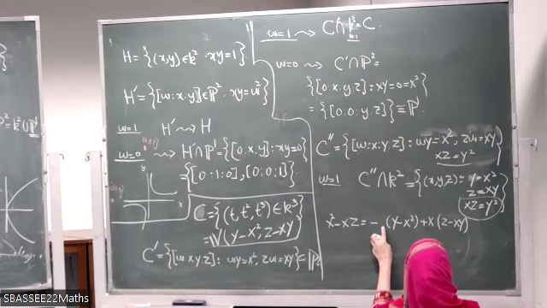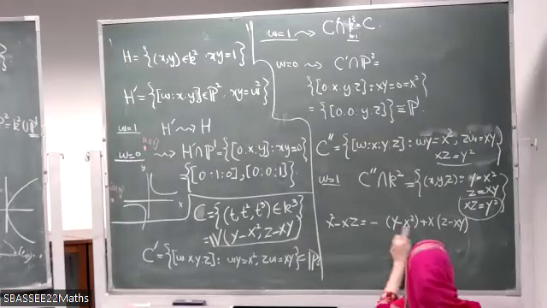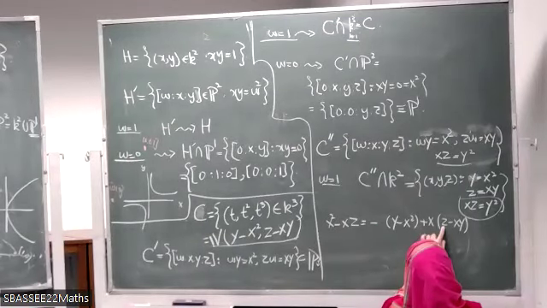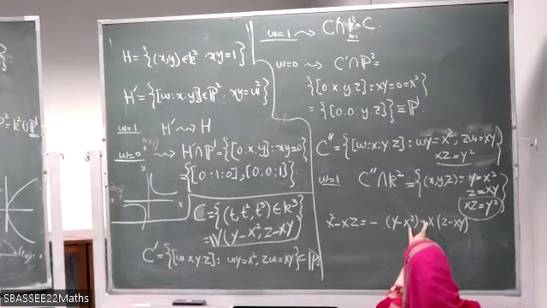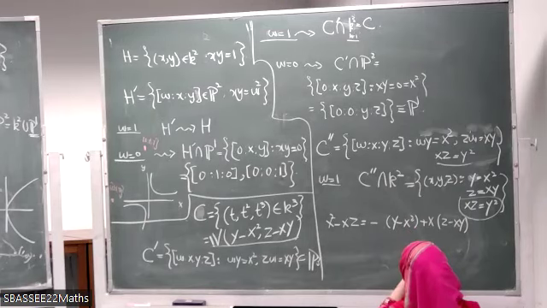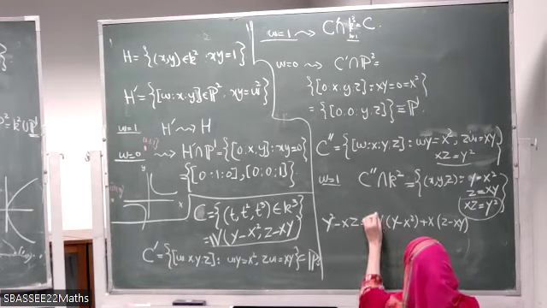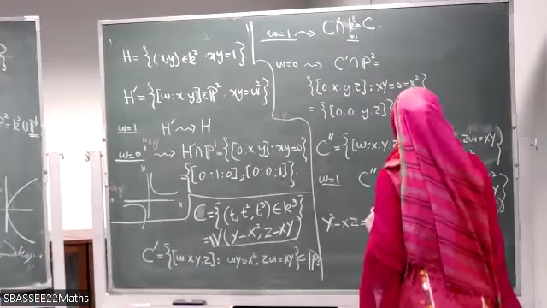And here I need to put y. Sorry, I'm getting xz here, and I need y squared minus x here. Oh sorry, there is no adjustment needed. Right?